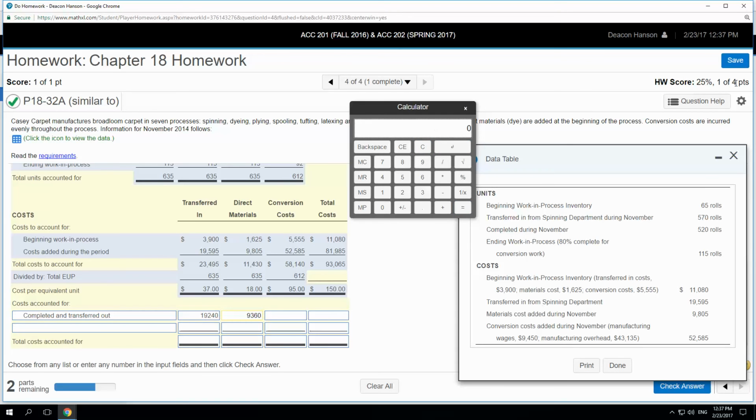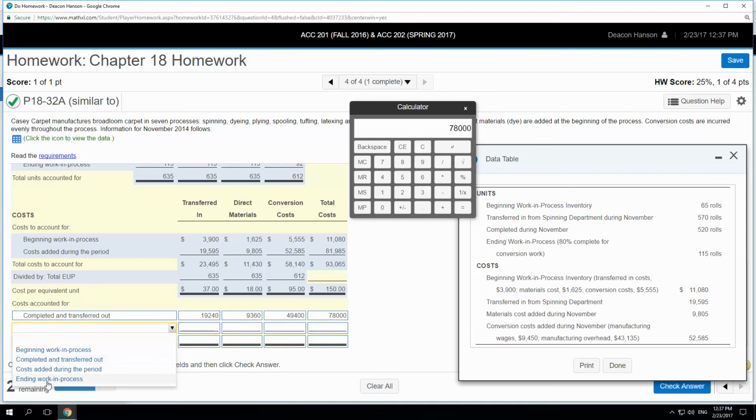I'm going to take 520 times 95 for the conversion cost. Then we just add across. $78,000.